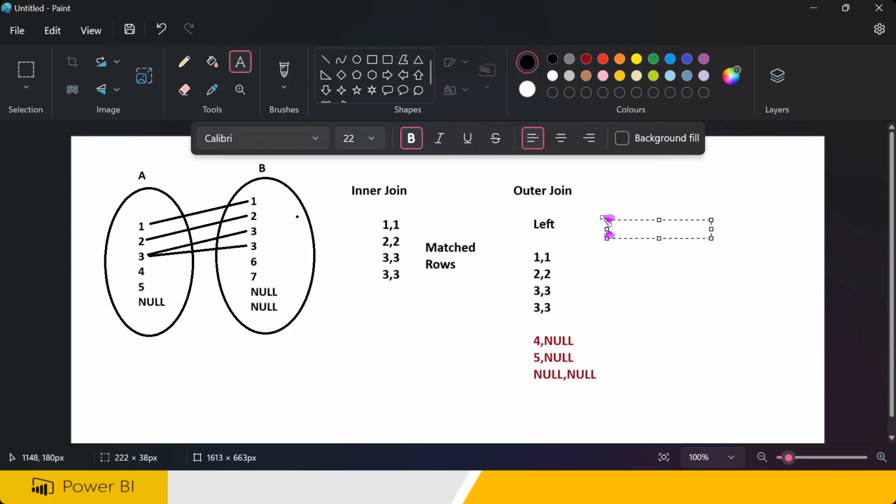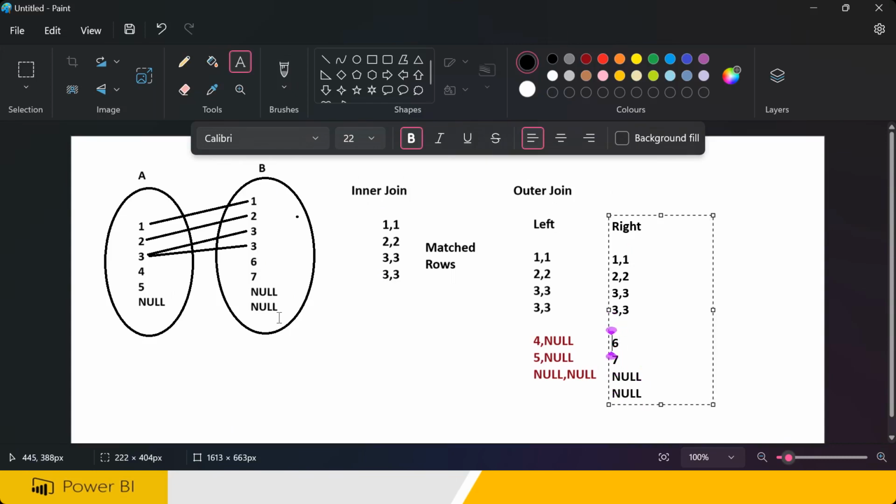Clear? Now, right join. Right join will be your matching data that you know, right? Your matching data and unmatched data from the right data set. What is the right data set? B: 6, 7, null, null. So you have 6, 7 and null and null.